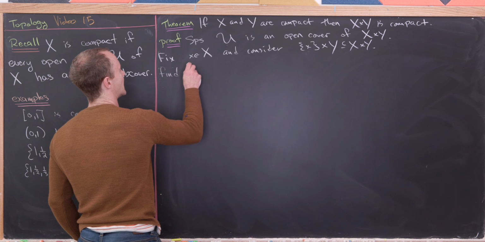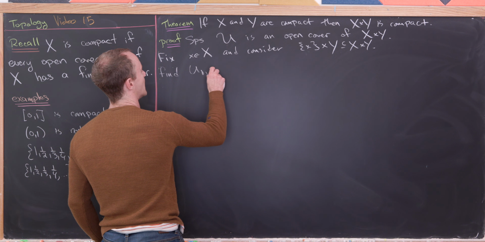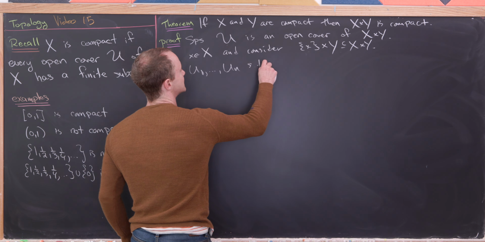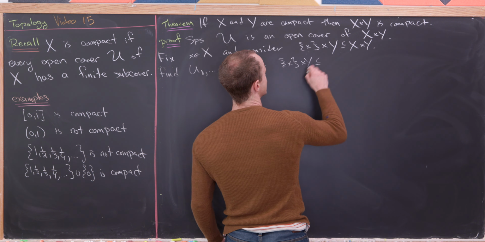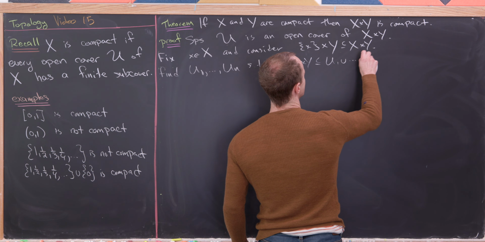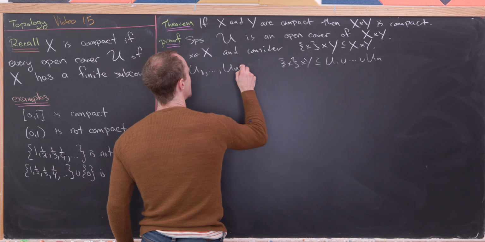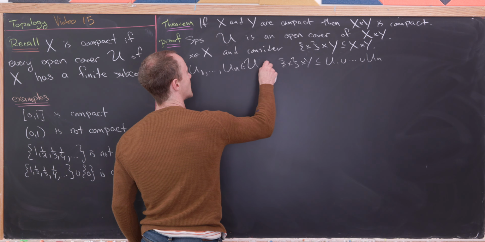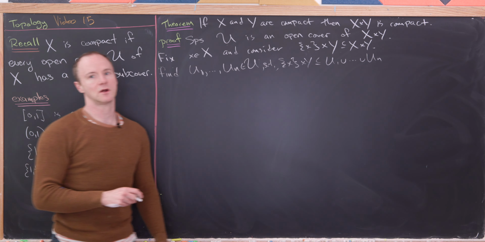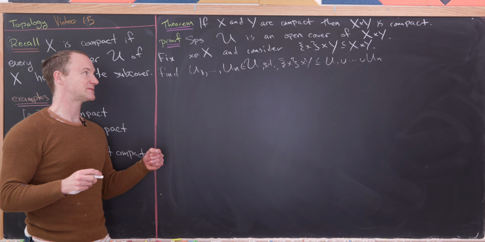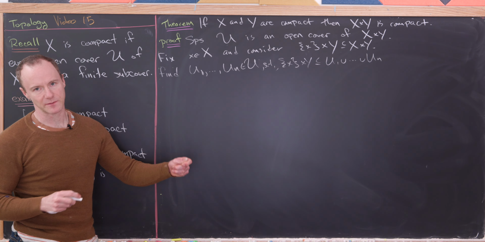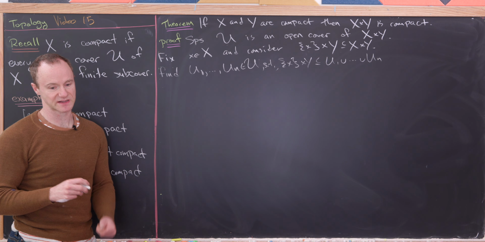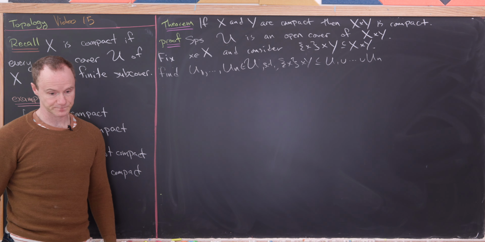So let's find U1 up to UN such that our singleton {x} cross Y is contained in U1 unioned up to UN. I should say that these all come from our open cover. Again, that's because we had that compact space there, and since it covered the bigger space, it covers the smaller space.